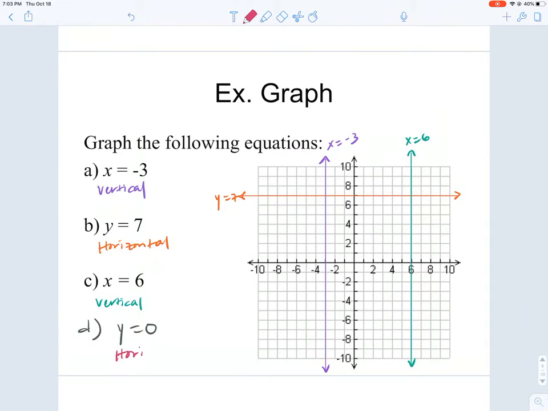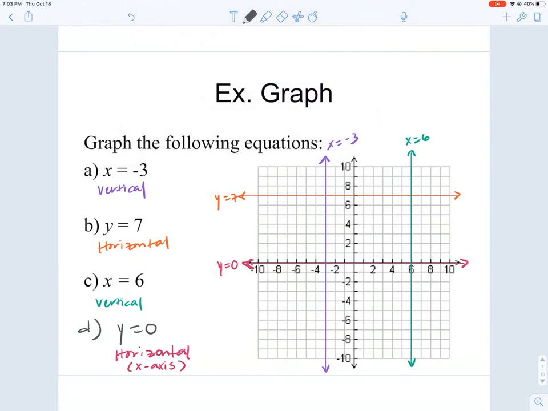So that's going to be a horizontal line. And that line is actually going to end up overlapping with the x-axis. Isn't that funny? Y equals 0 ends up overlapping with the x-axis.